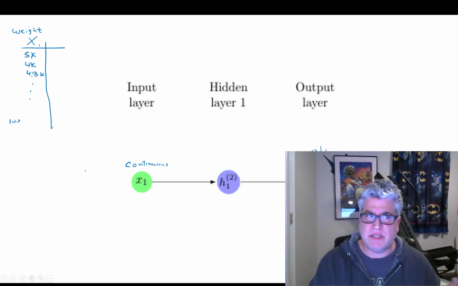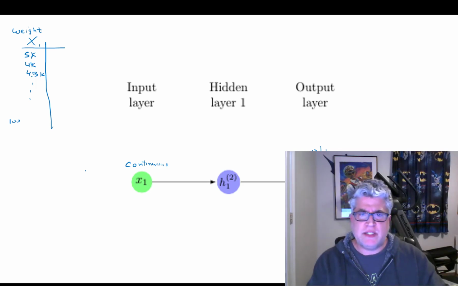And since this is a classification problem, what is it we're classifying? Let's suppose that the y that we're trying to predict here is whether the car is foreign or domestic. So this is going to be a bunch of zeros and ones and so forth.